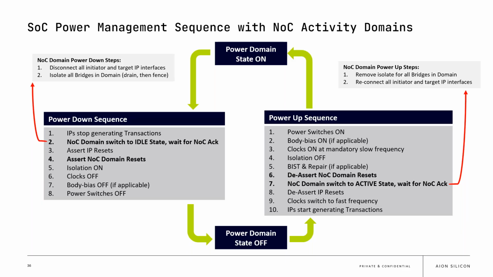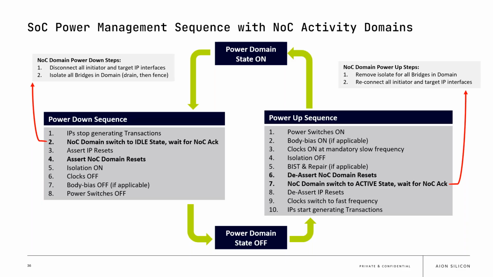Normally, the IP should have stopped generating any transactions, but in case it hasn't, it's safest to disconnect the IP first. And then secondly, step 2 is a process whereby you want to drain the NoC of any current pending transactions. So drain the NoC and then fence the NoC from receiving any transactions. And that ensures your NoC domain is clean and can be taken into reset, which is step 4.